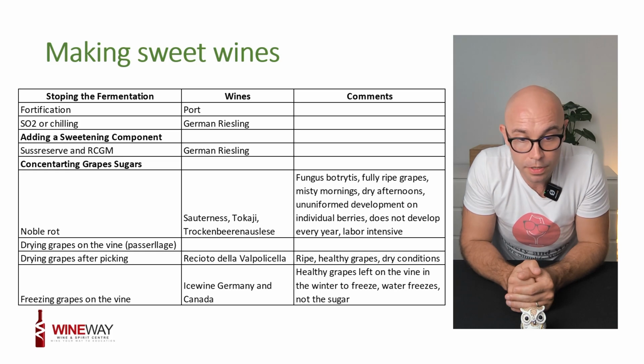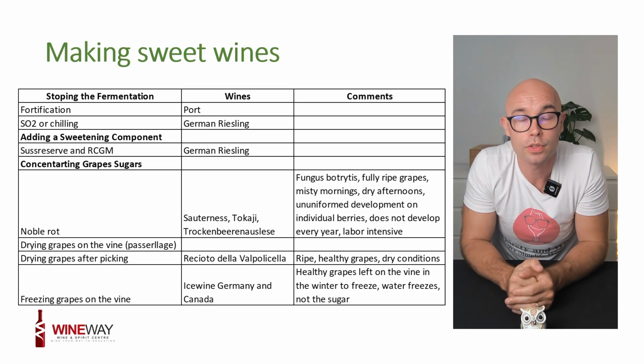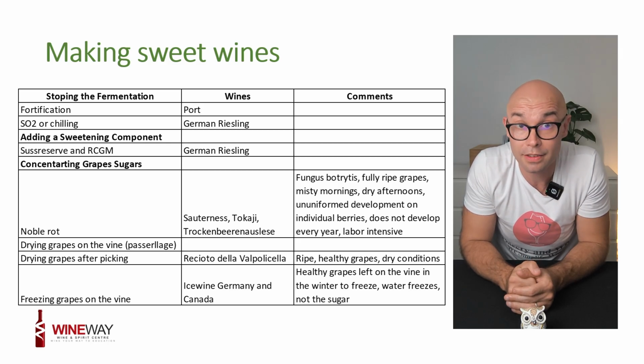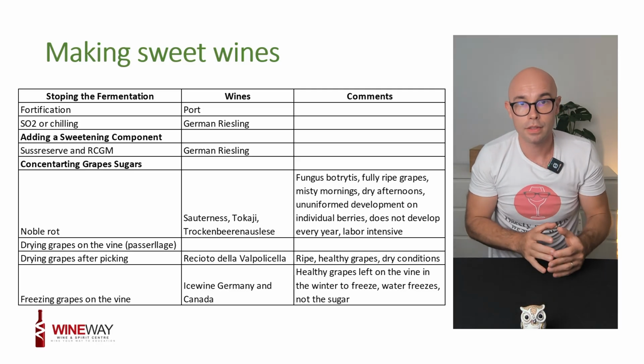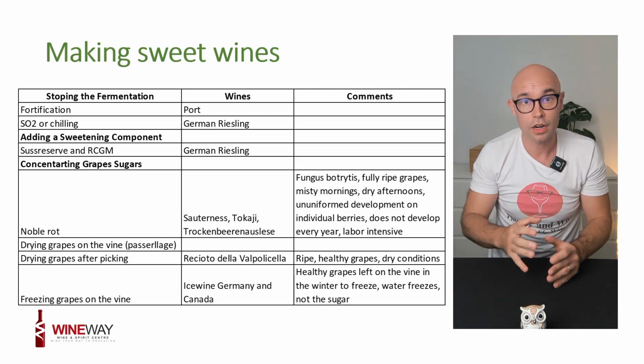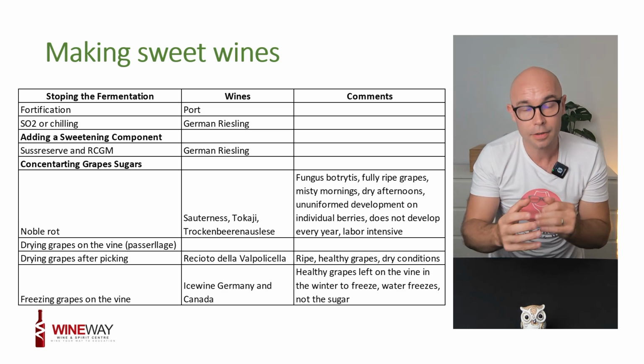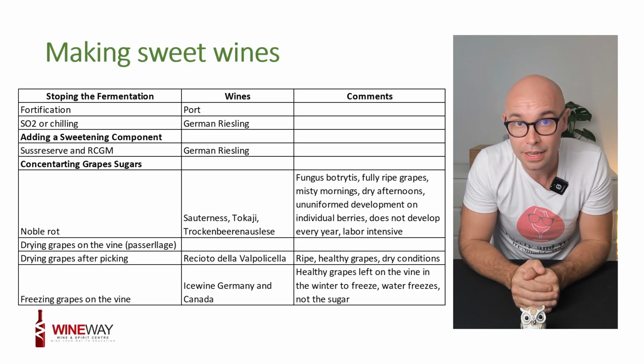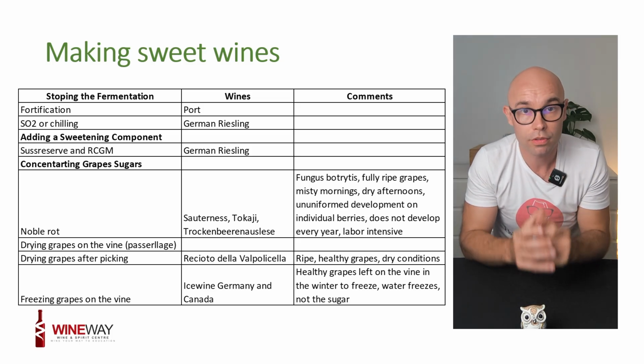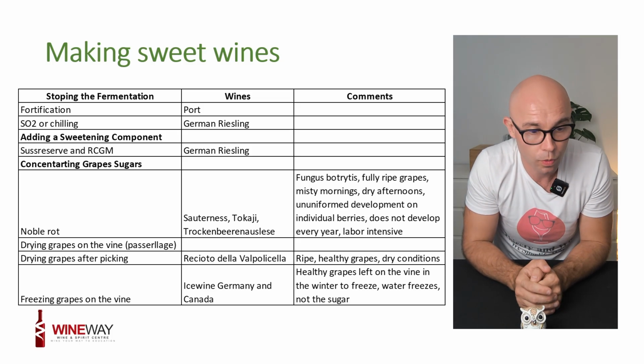Drying grapes on the vine, passerillage, can be used in instances where, for example, noble rot doesn't develop. So this is going to have the same effect in regards to the sugar levels, but it's not going to be as complex because it doesn't give the noble rot specific flavor to the wine.